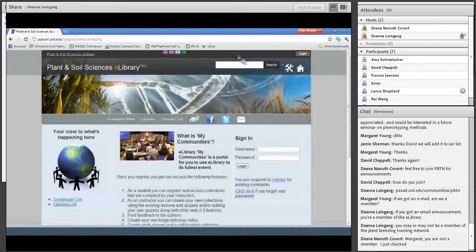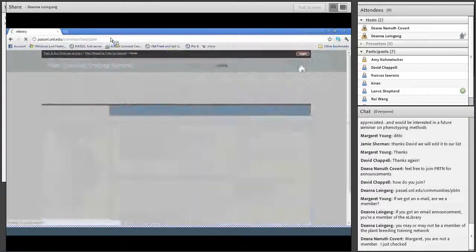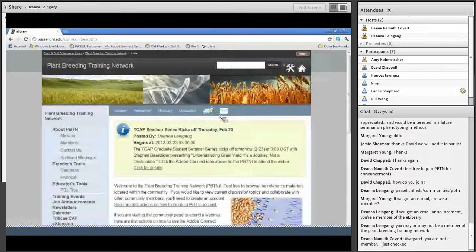And when you are logged in, you can go to passel.unl.edu/communities/PBTN, Plant Breeding Training Network. If you are not yet a member, you'll see an icon here that says Join Now.